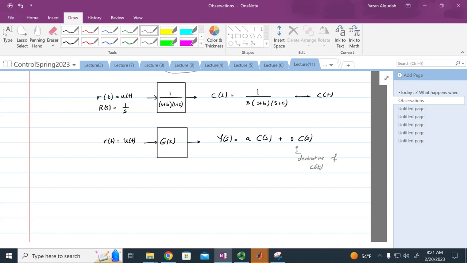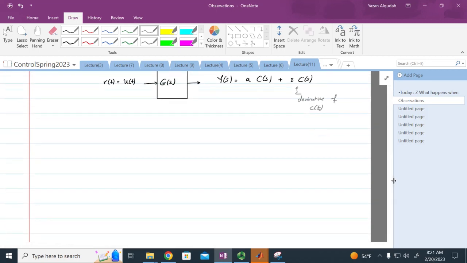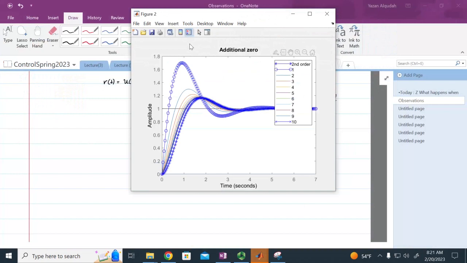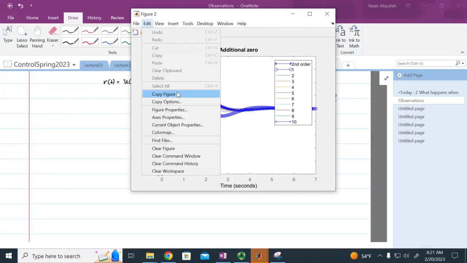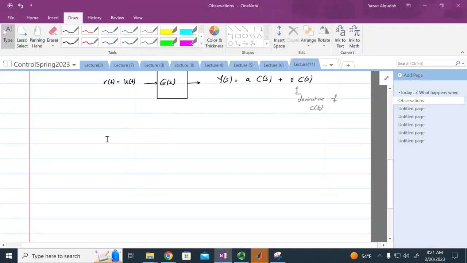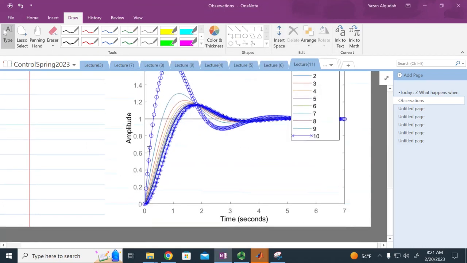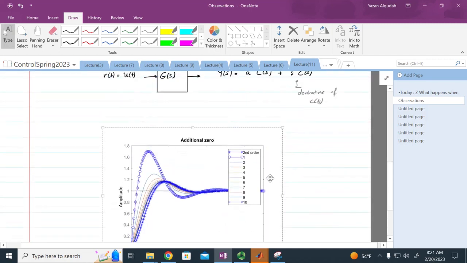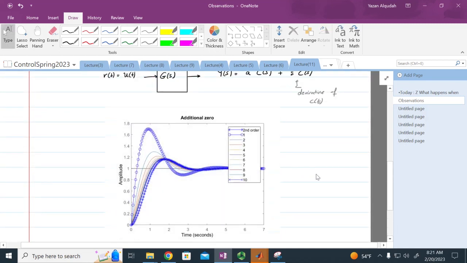Okay. So we're going to do something similar. We're going to run MATLAB with different locations of the zeros, and we're going to see when we can approximate the response with a second order system. So if I look at this response, this is when it is a second order system.